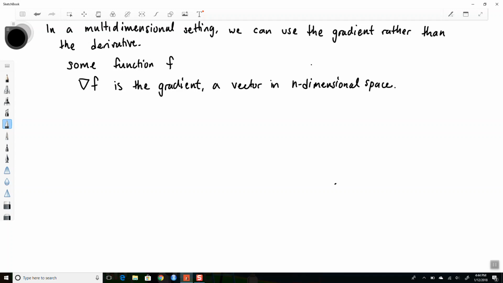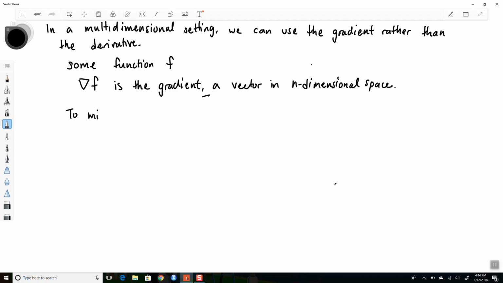If we think about what a vector is, it's an arrow in n-dimensional space, and so this is not just whether we go positive or negative, but now it's an actual direction that tells us which way is the steepest ascent or descent here.